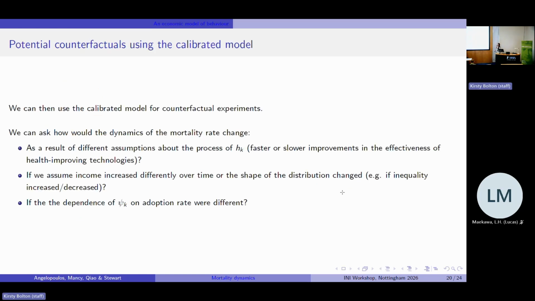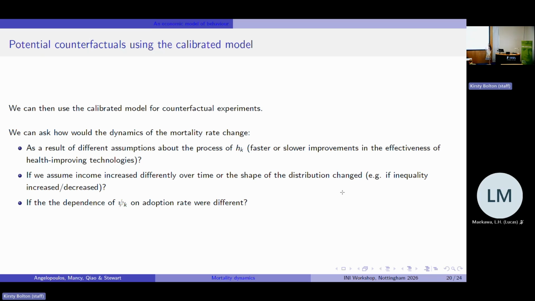So once we've calibrated the model, we've kind of half done it, and we'll try and do it a bit better. What can we do with it? So we're hoping to try out some counterfactual experiments. For example, we can ask how the dynamics of the mortality rate might change as a result of different assumptions about the process of health improving technology.